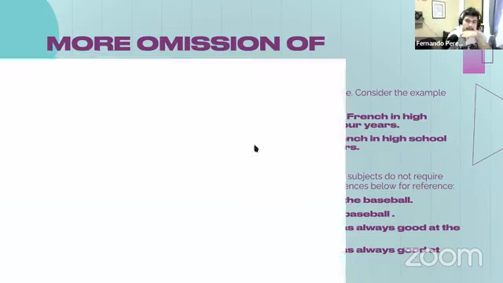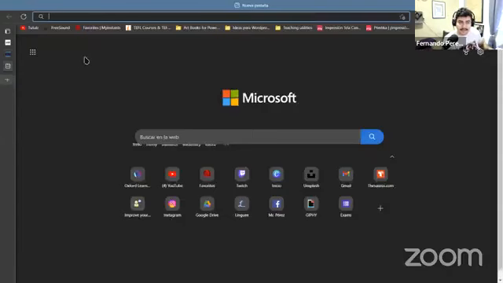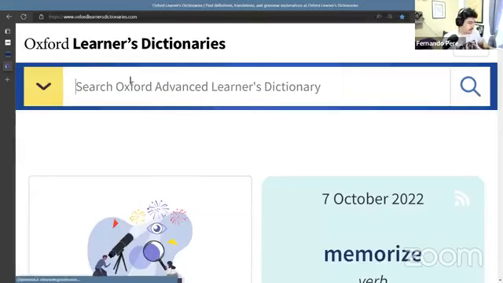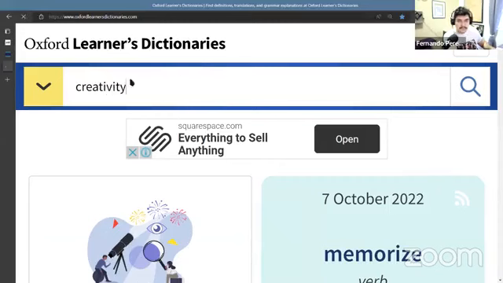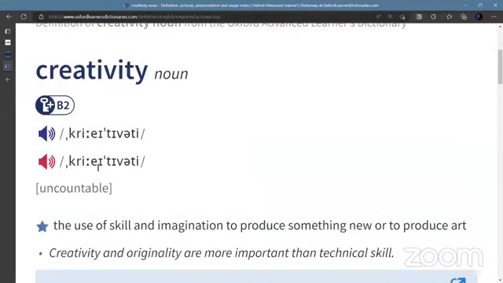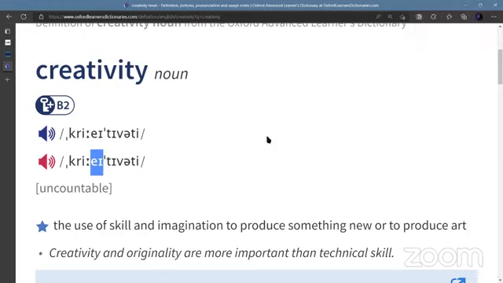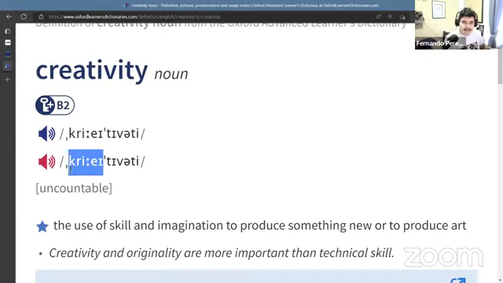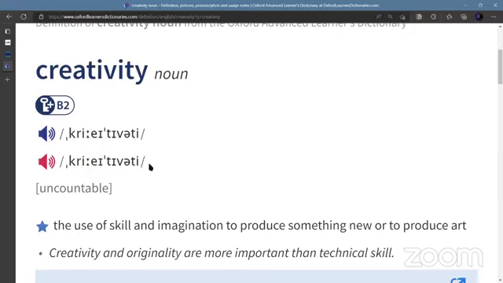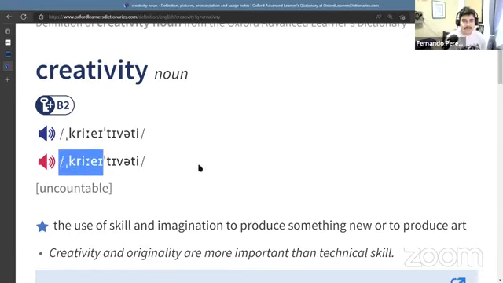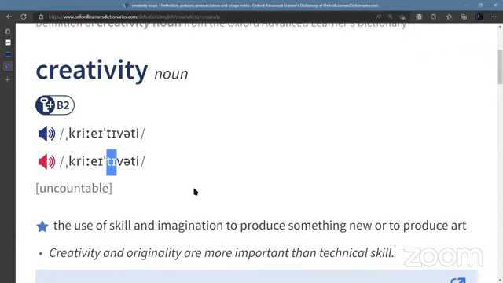Okay, wait. I didn't understand anything. Let's check pronunciation. Creativity. Syllable number one, cre. Syllable number two, a. Together, create. Syllable number three, ti.